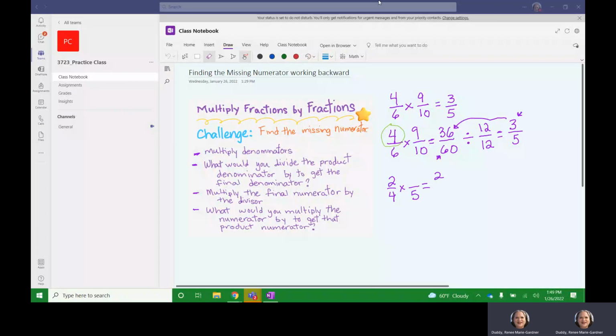I'm going to have 2/4 times my 5ths, and that's going to equal 20ths. I know that my final denominator is a 5. Let my writing catch up to the screen. Hopefully it will quickly.